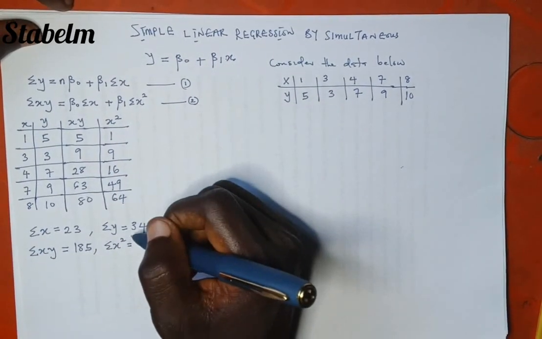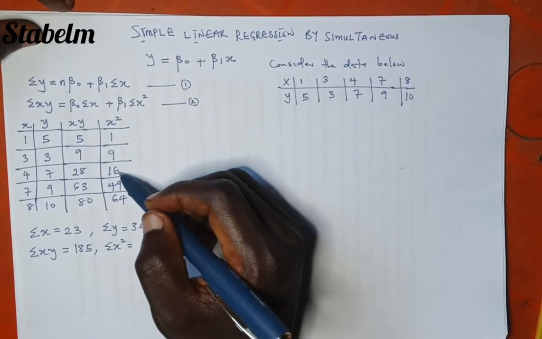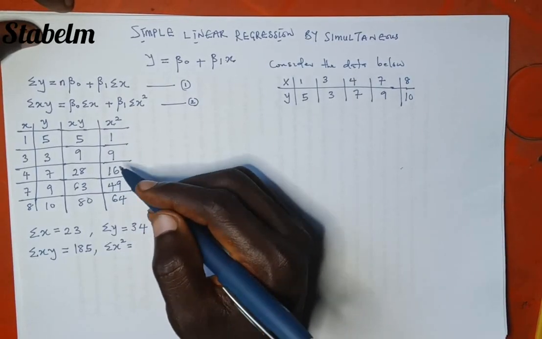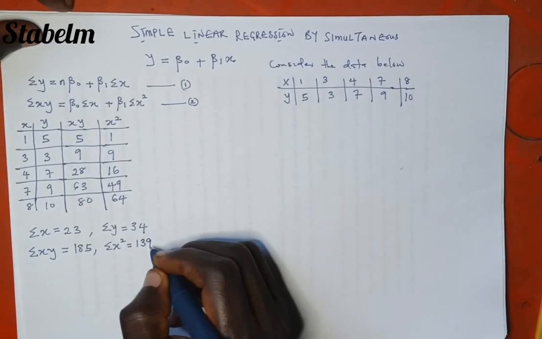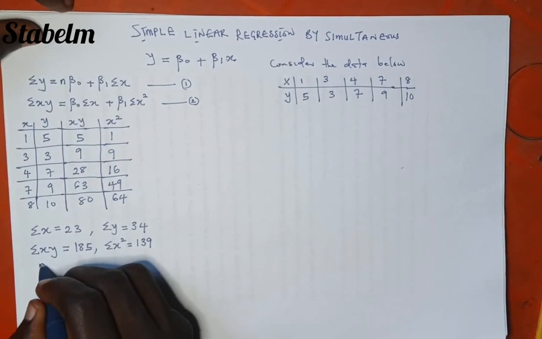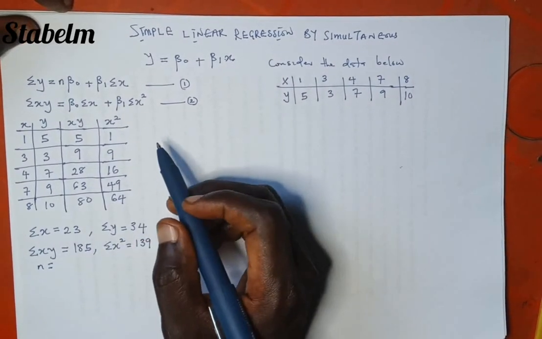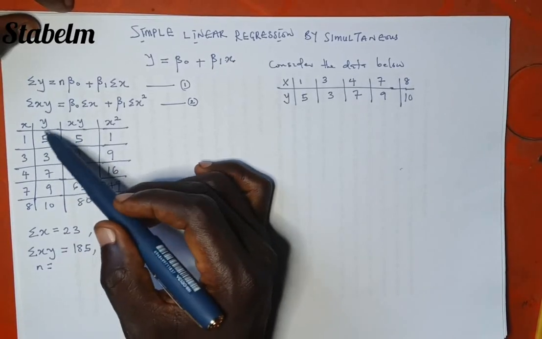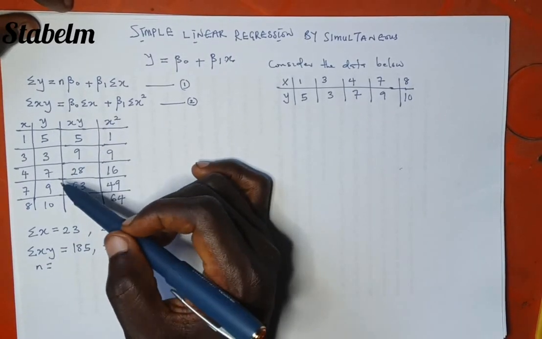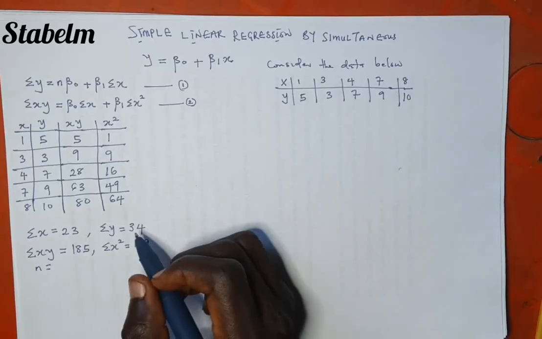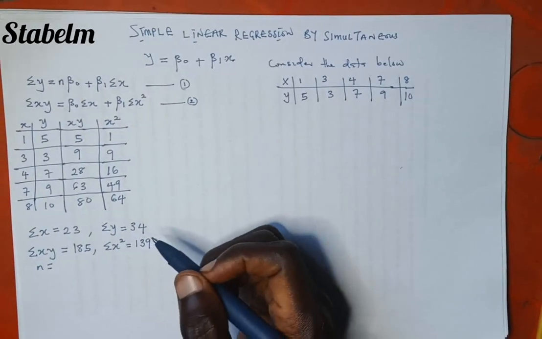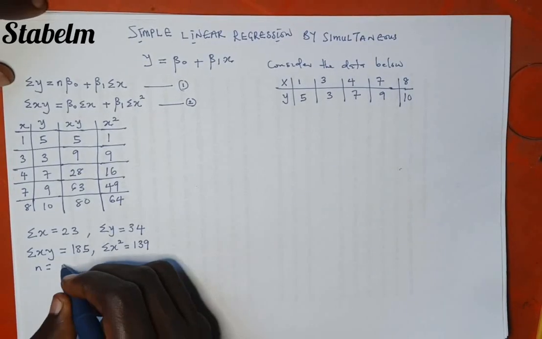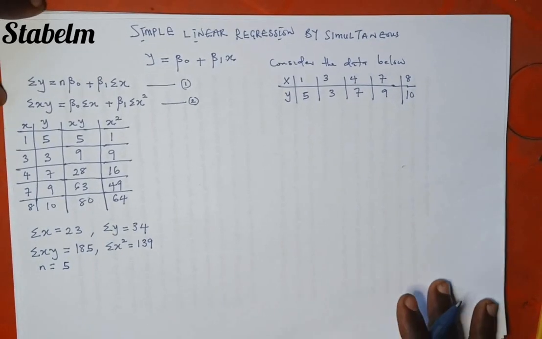So if you add all of this together, 1 plus 9 plus 16 plus 49 plus 64, that is 139. And how many observations do we have in each variable? We have 5 observations. So our n, the number of observations in each variable, is 5.